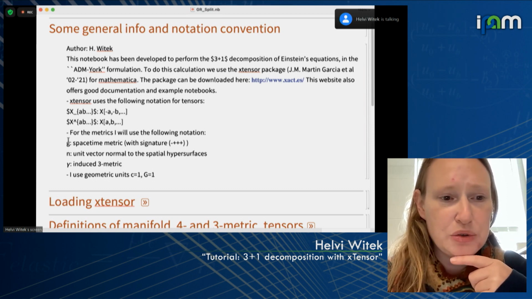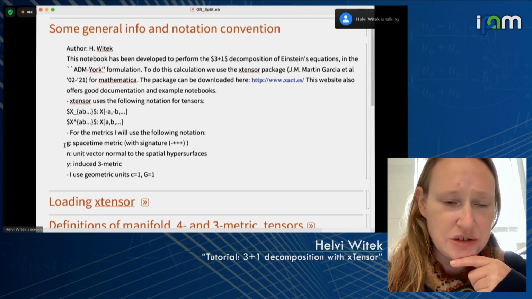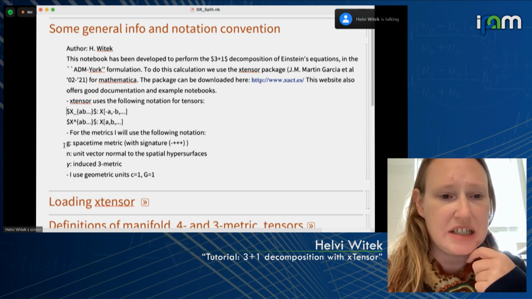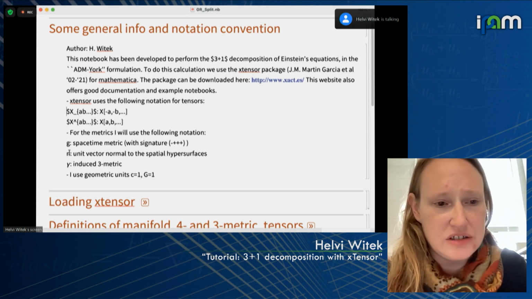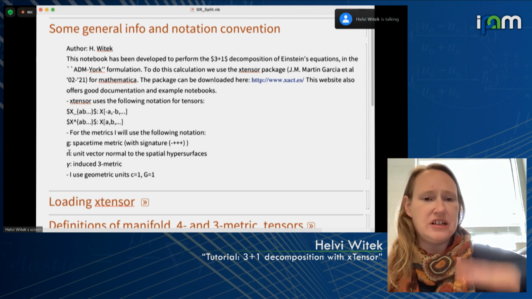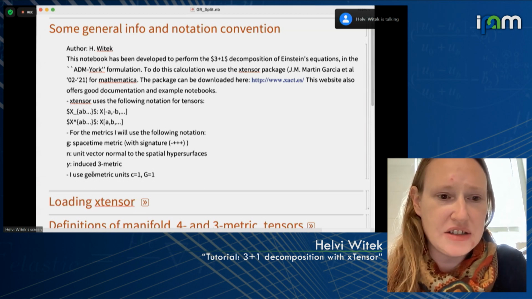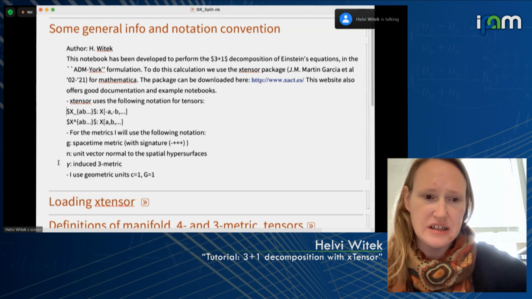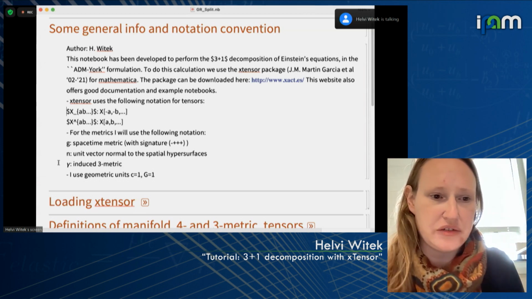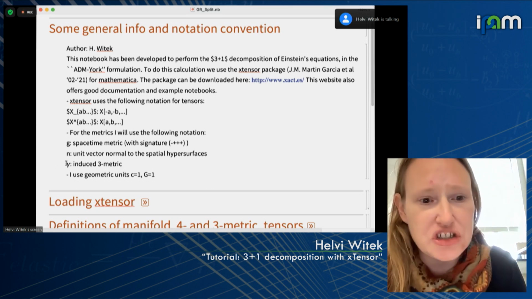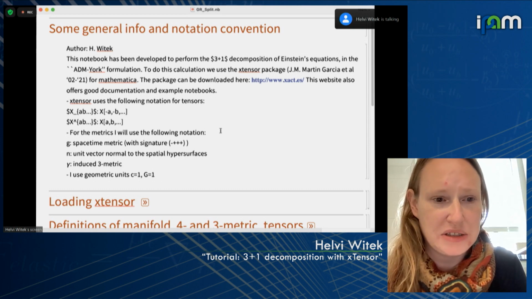I will use the symbol G to denote the space-time metric, and I will use a signature -+++. I'm introducing a unit normal vector onto our spatial hypersurfaces as n, and the induced metric on these spatial hypersurfaces I will denote as gamma, and I'm using geometric units throughout.